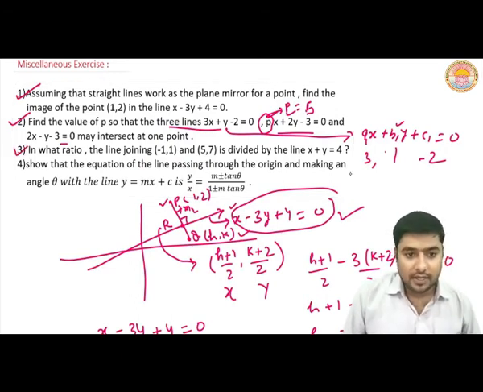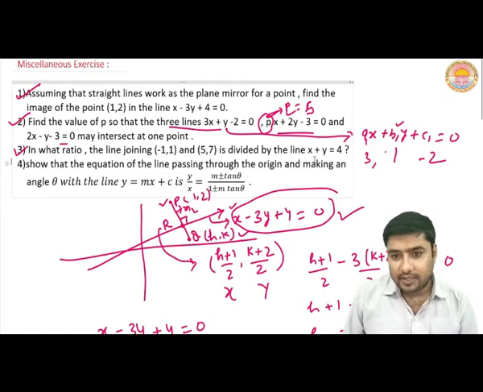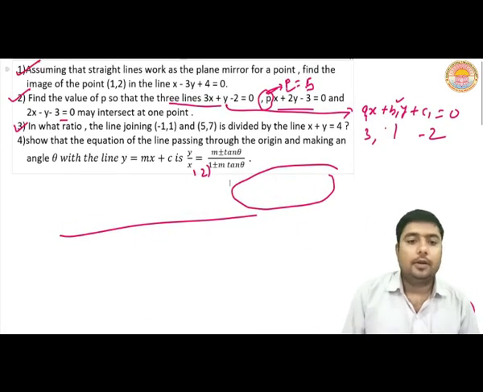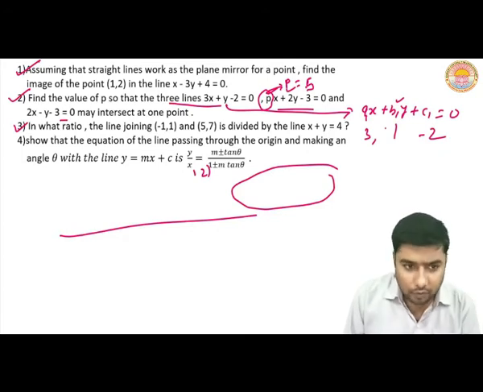In what ratio is the line joining (-1, 1) and (5, 7) divided by the line given? We want to find the ratio. We know that it uses the section formula.